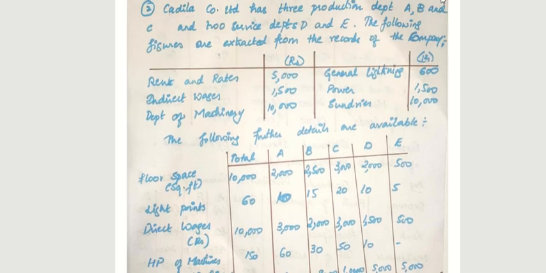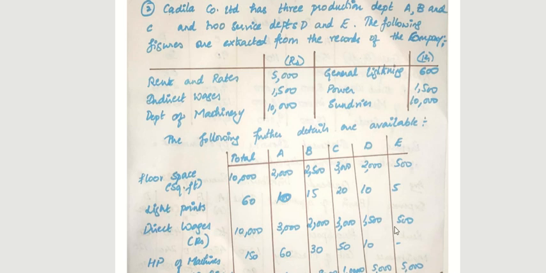So your first three departments, A, B and C, are the production departments, and D and E are the service departments. So your direct wages for the service departments are 1500 and 500.